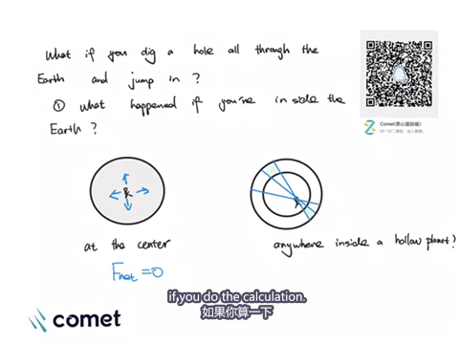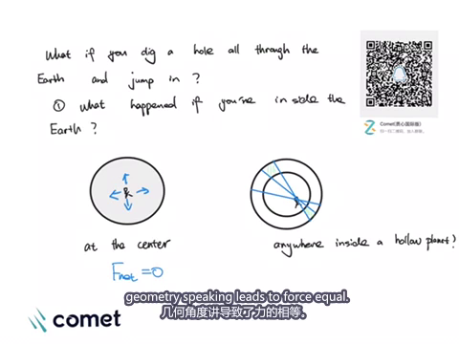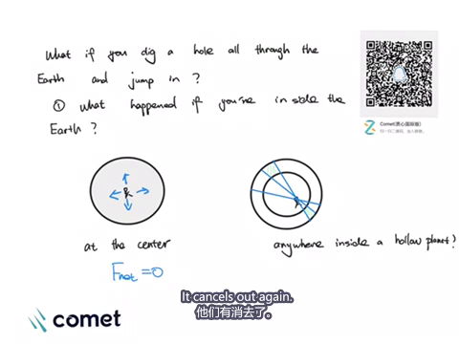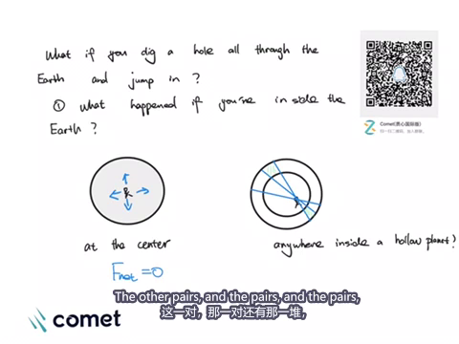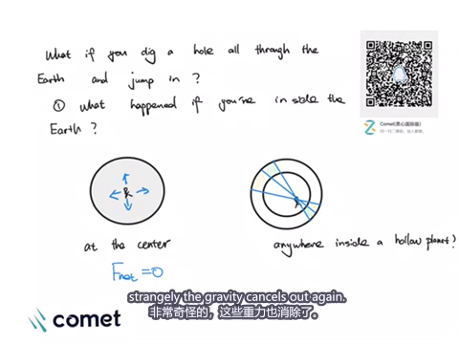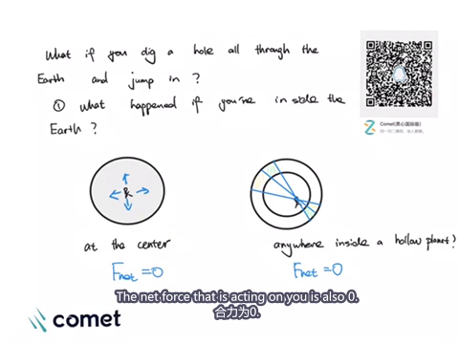If you do the calculation, it turns out, geometrically speaking, these two forces are equal. It cancels out again. Likewise for the other pairs. Strangely, the gravity cancels out again. The net force acting on you is also 0.